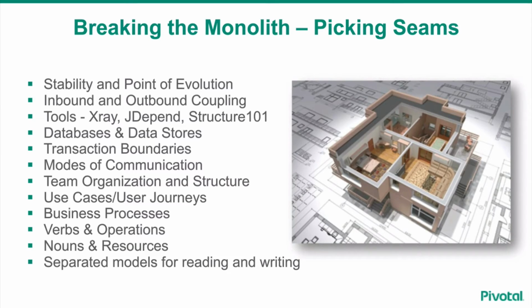You can also take a scenario-driven perspective, or look at the verbs and the operations that these classes and objects carry out. So look at nouns and verbs. If there are models that have been separated for reading and writing, that gives a natural separation of model, state, and command. So this lends to a more CQRS type of refactoring.